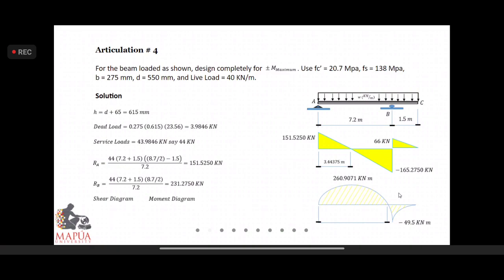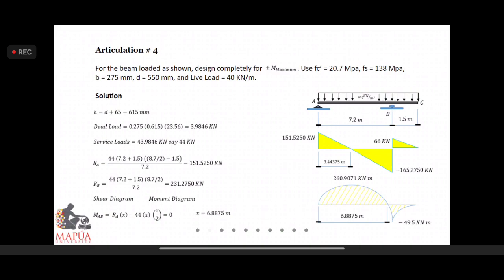By virtue of what we learned in computing the location of the point of inflection or the point where the concavity changes, we are going to set a moment equation there and the loading, and then we compute for it. We set that into zero because we are after the point of zero moment. And this is equal to 6.8875 meters.